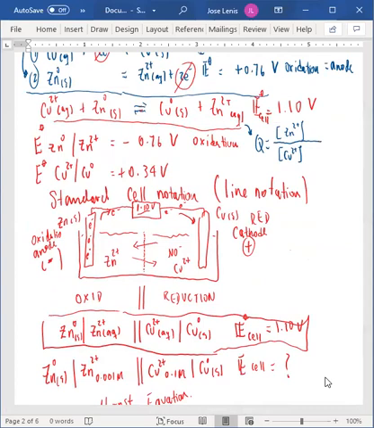And the reaction will shift towards the equilibrium, either to the right or to the left, depending if we compare these initial concentrations with the equilibrium constant. We'll know if the reaction is shifting to the right or to the left.